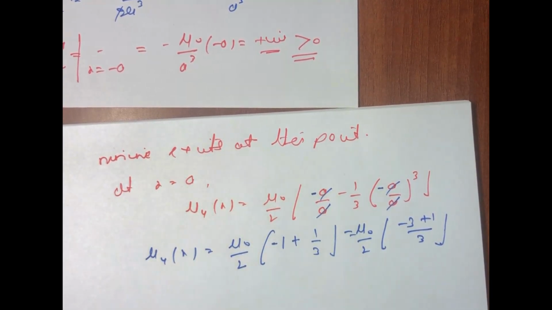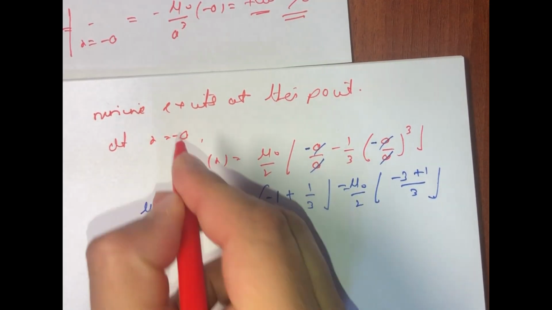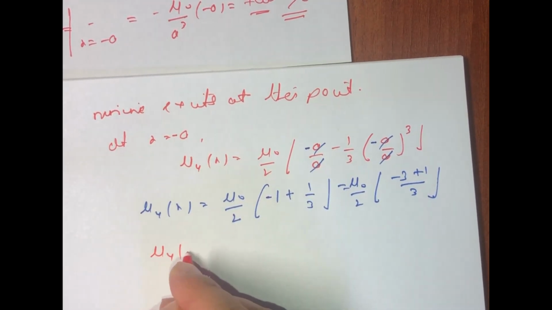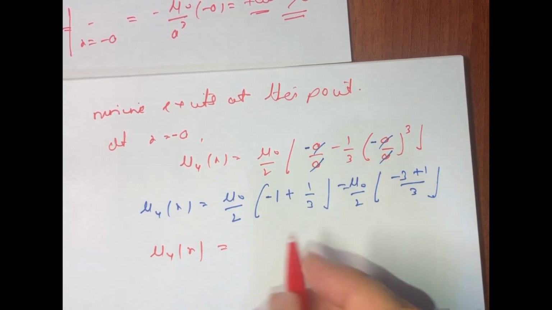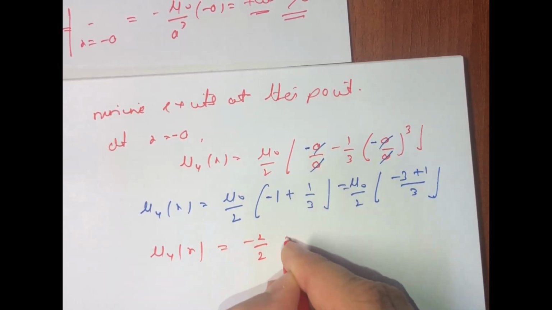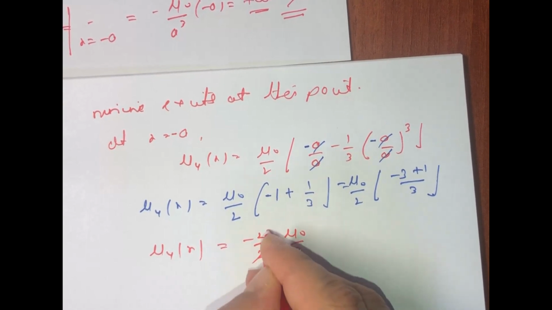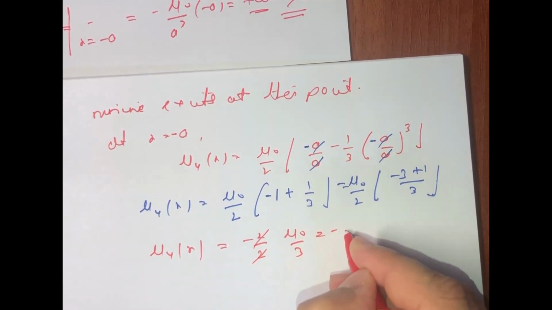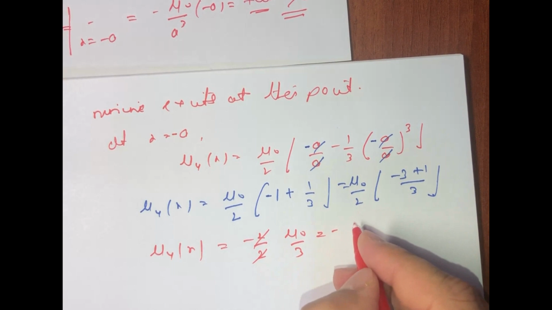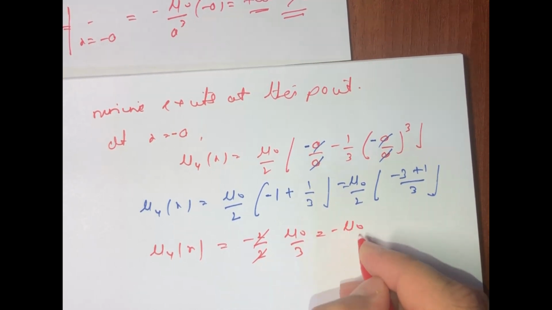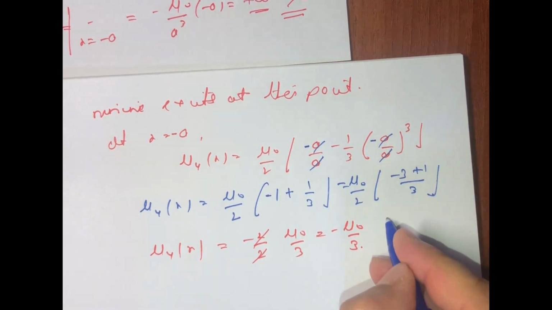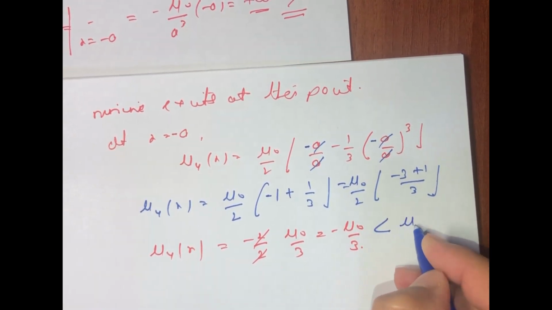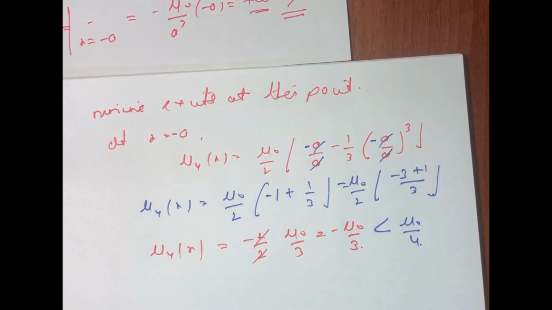So we can say that energy will be coming as minus of 2 u naught upon 3, 2 and 2 cancels out, so this equal to minus u naught upon 3, and this is obviously less than u naught upon 4.